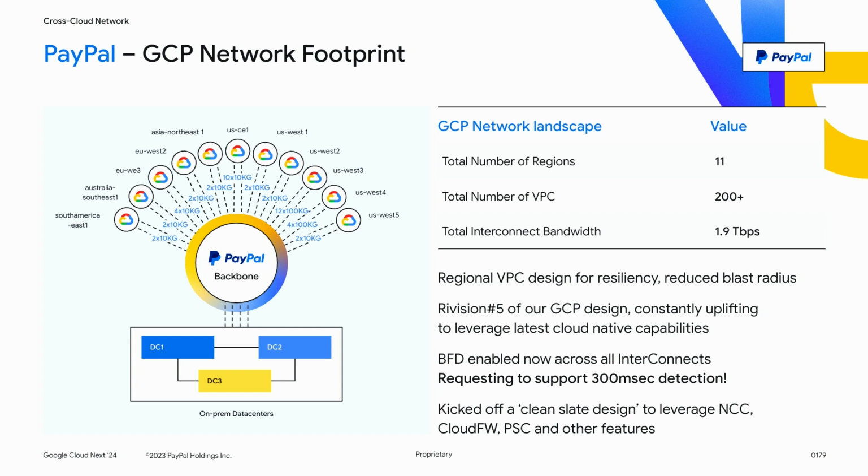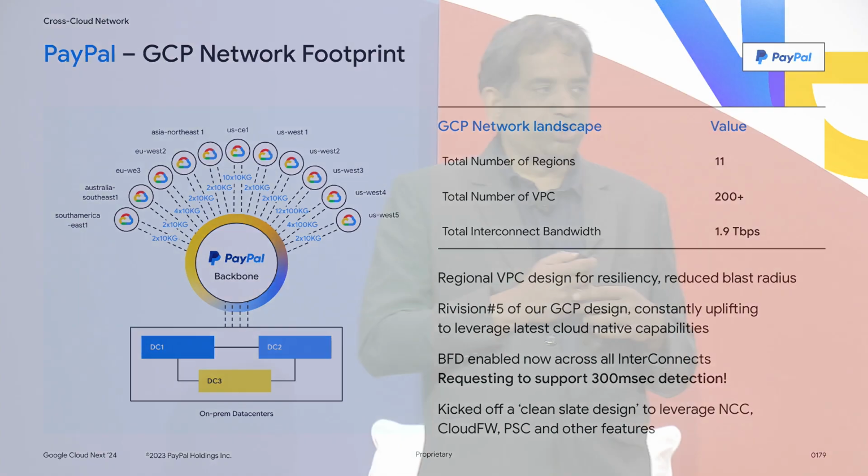And with this particular footprint, one of the key elements we need is reliability. You may have a lot of redundancy, but when there is an issue at the interconnect level or whatnot, the ability to switch the traffic from one to another is very, very key. That is where BFD, bidirectional forwarding detection, comes into play.